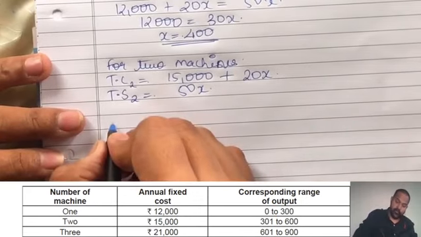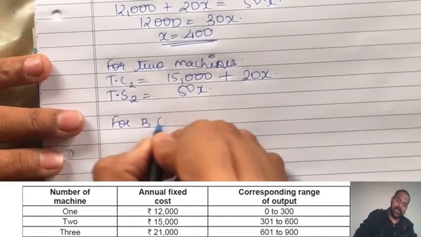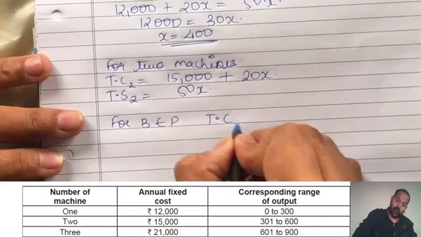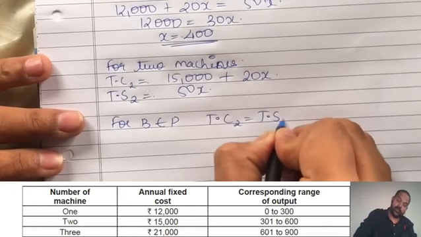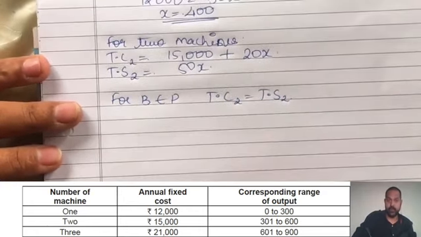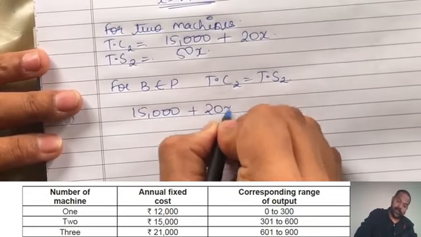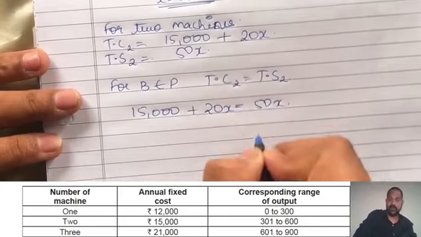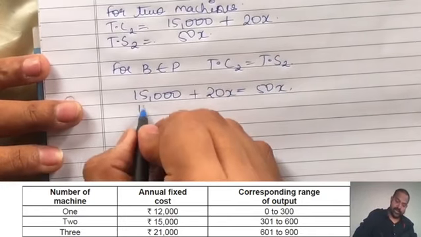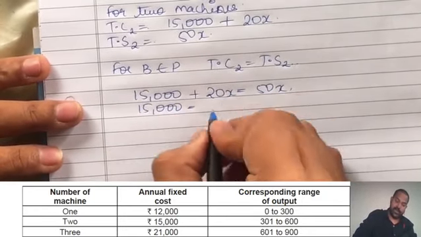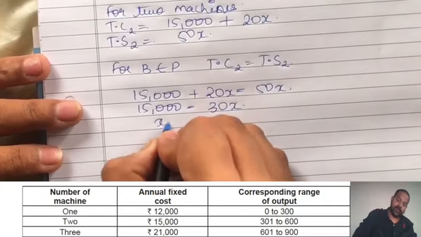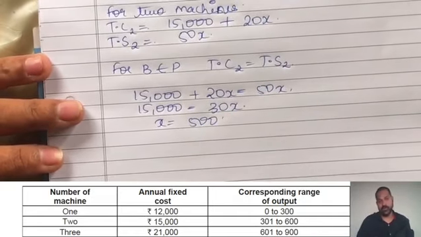I am going to say for BEP, total cost in two should be equal to total sales in two, which means that 15,000 plus 20x is 50x. 20x goes to the other side. 15,000 is 30x. Then what is x equal to? x is equal to 500 units.